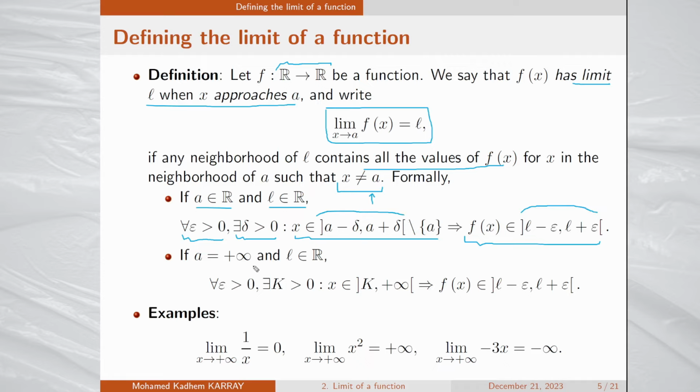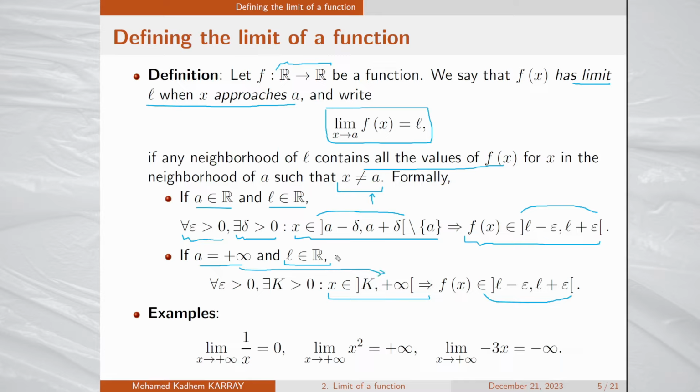In the case where a is plus infinity and L is a real number, it may be written like this. For any epsilon, there exists some positive real number k such that when x is within the interval k plus infinity, f of x is within L minus epsilon, L plus epsilon. So you see that in this case, since a is plus infinity, we consider a neighborhood in this form.